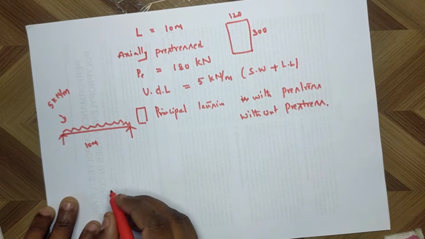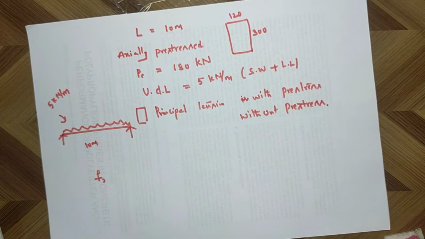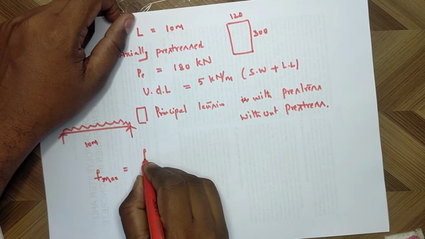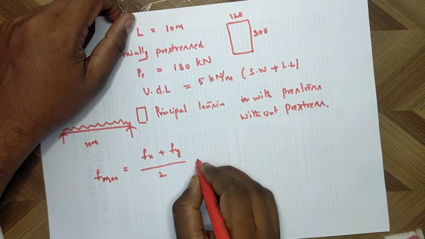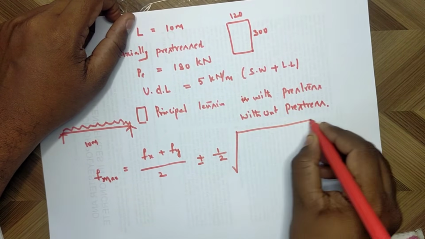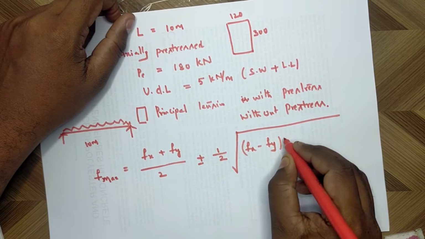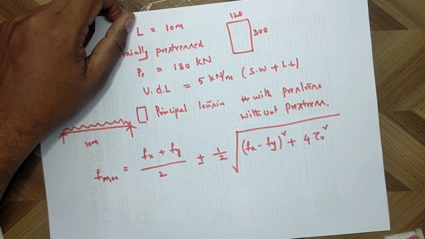What can we do here? We know the formula for maximum and minimum principal stress. F max is equal to (Fx plus Fy) divided by 2 plus or minus half of the root of (Fx minus Fy) whole square plus 4 times shear square.